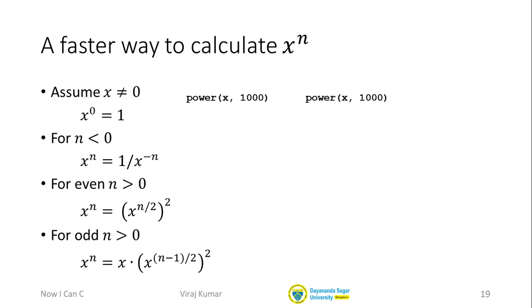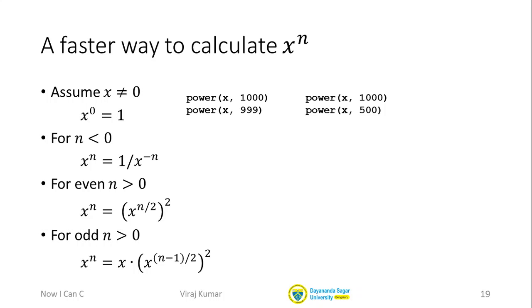So we know that if we call the power function with the arguments x and 1000, then it's going to make a recursive call in the old case to x, 999, one less. But in the new code, since 1000 is an even number, the next recursive call can actually be to x, 500, and then whatever that is, we will square it.